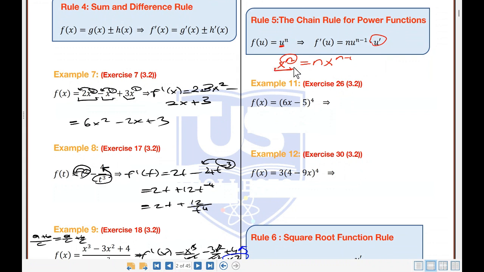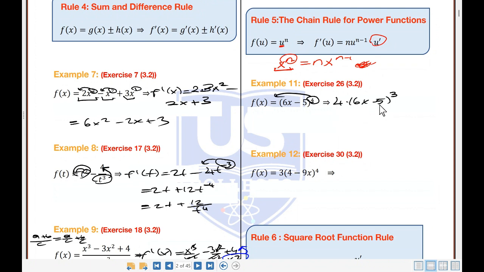Here we can also do the same. The derivative of x is 1. That's why we don't write 1. It has no effect. But if it is different, we have to write it. For example, let's take a look at this exercise question. Bring the exponent down in front first. 4 multiplied by 6x minus 5 to the power of, decrease the power by 1, 3.